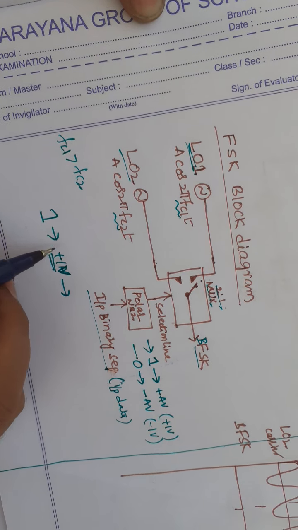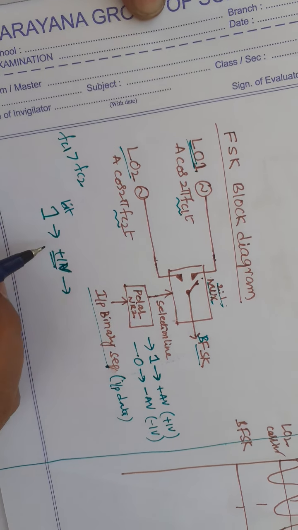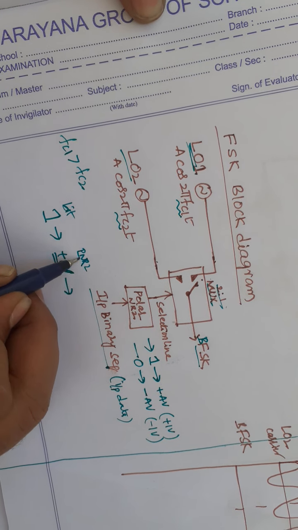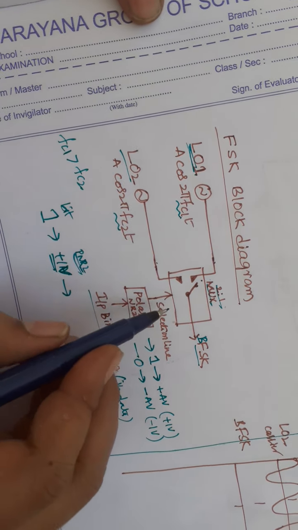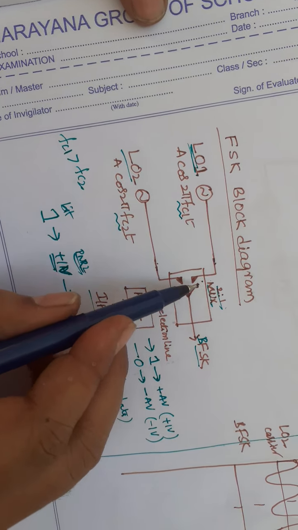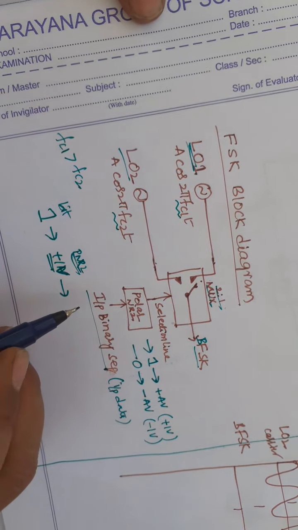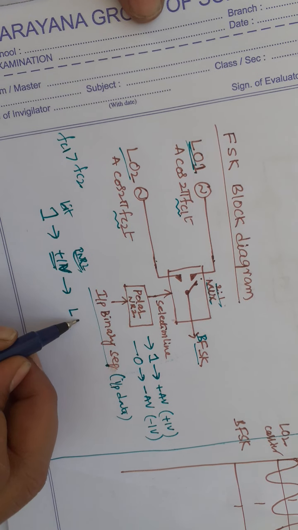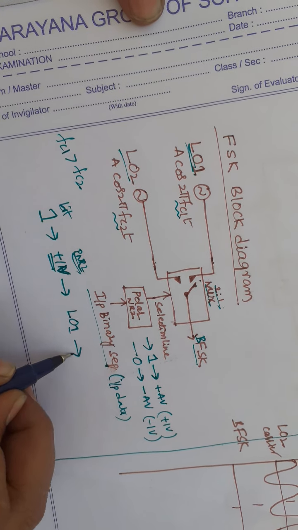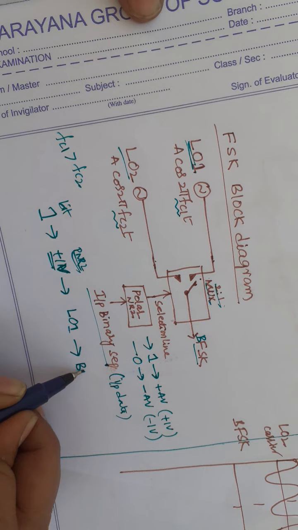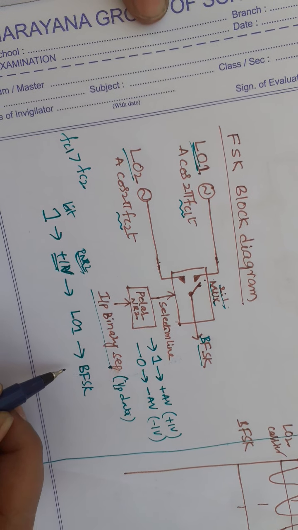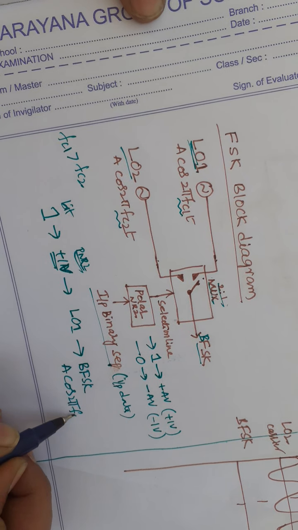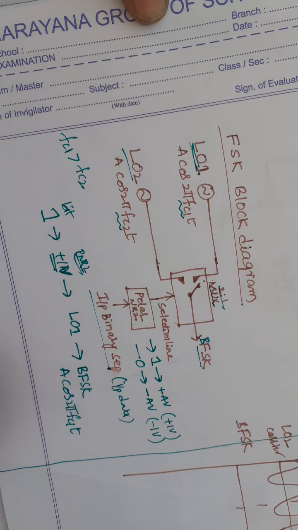So, whenever you find bit 1, the polar NRZ output is plus 1 volt, and my switch is connected to local oscillator 1 and it produces the BFSK output A cos 2 pi Fc1 t.